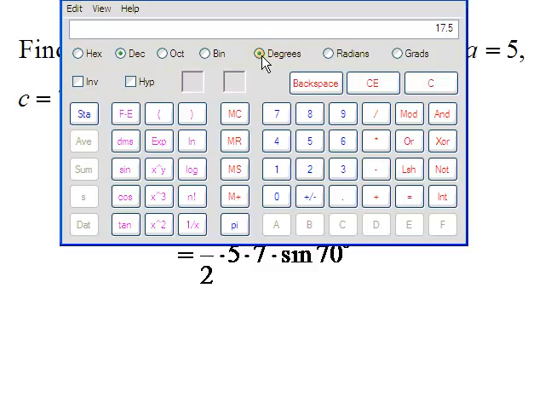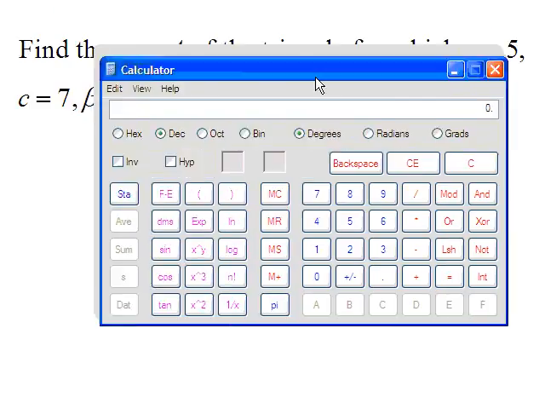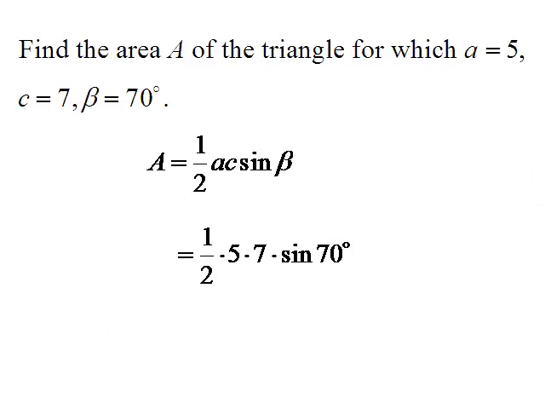Check to make sure it's in degrees, and we want the sine of 70 degrees. So I'll enter 70, the sine, and that was the product, so that was the last term. So overall 16.4 something. There, and that's the area that we can calculate for that information that's given.